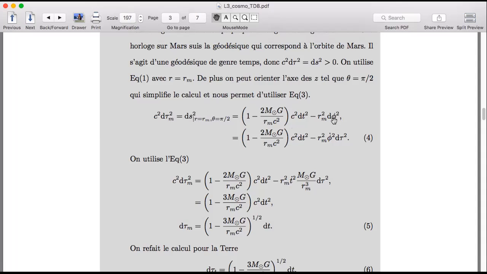But fortunately, we have a relationship between t dot and phi dot, which are the derivatives with respect to proper time here.